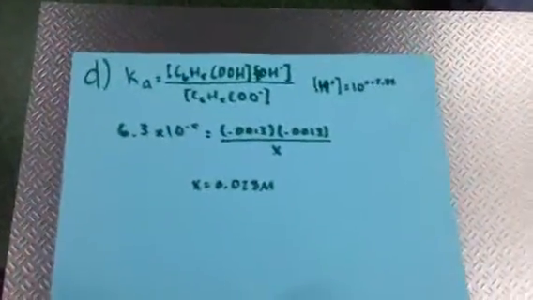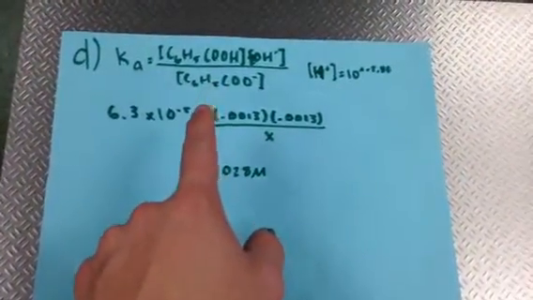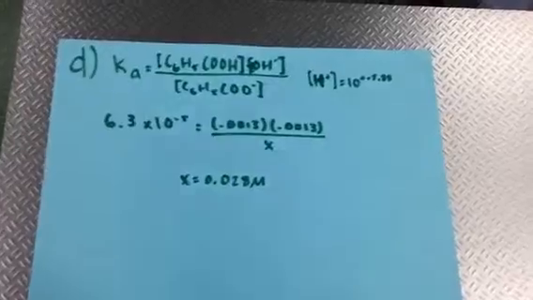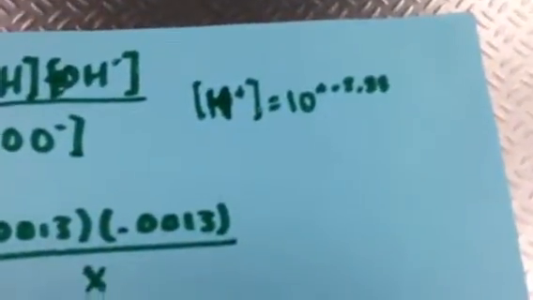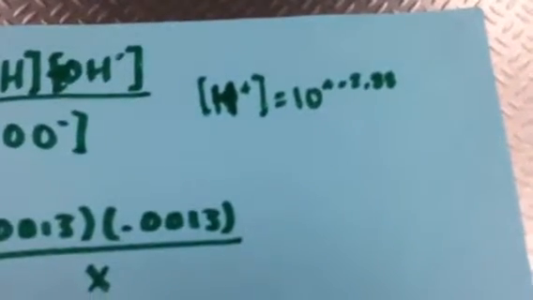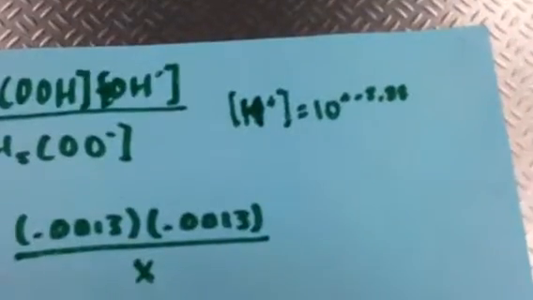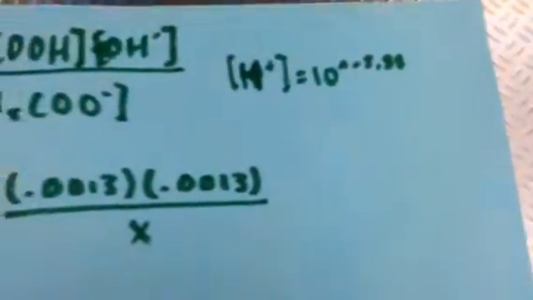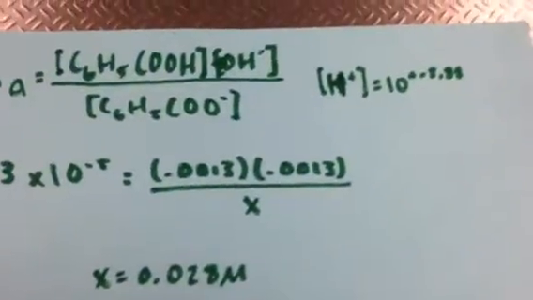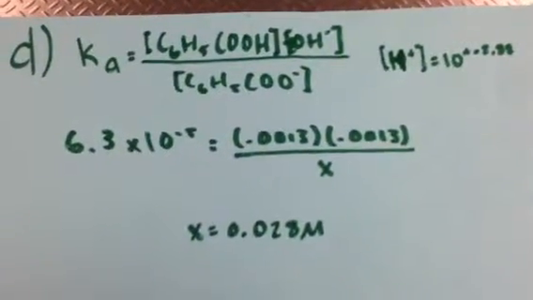So right here we have the Ka equation, and we're given the pH, so what we're going to do right here is find the hydrogen ions. We know that's going to be equal to 10 to the negative 2.88, because that was the pH given. We're just changing the log into exponential.